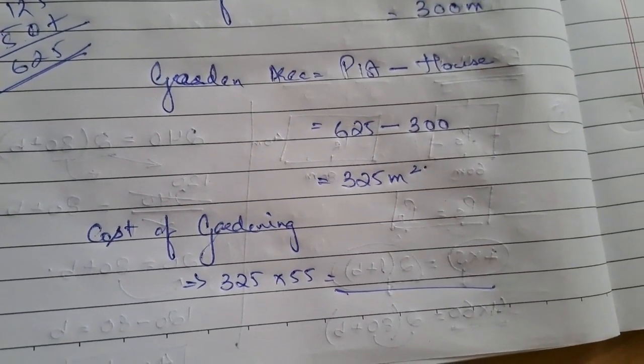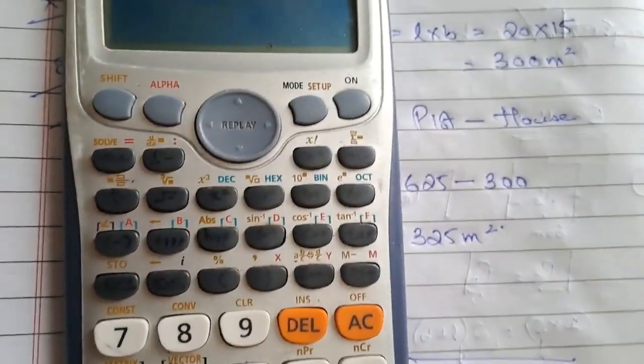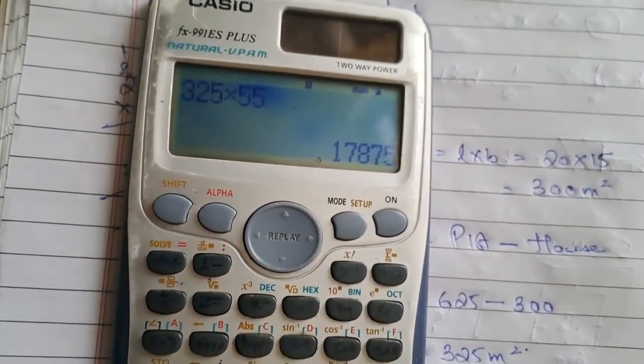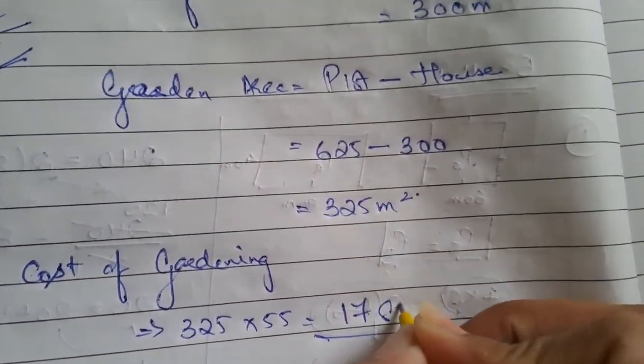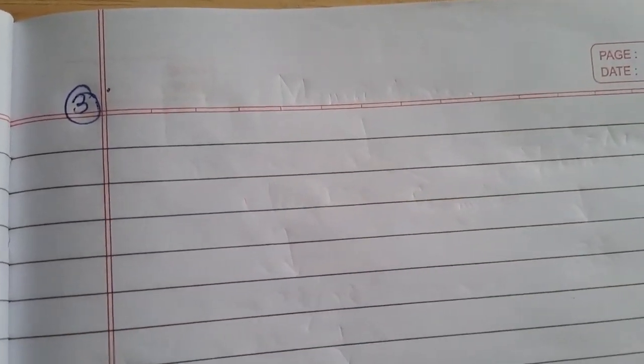Let me just grab my calculator. So 325 times 55 goes as 17875 rupees.